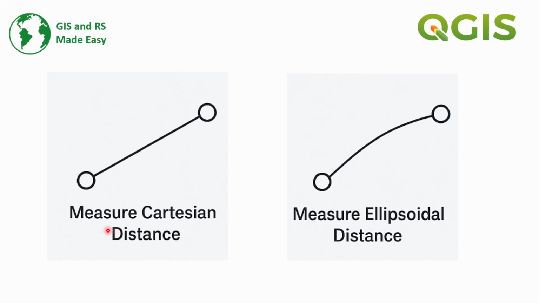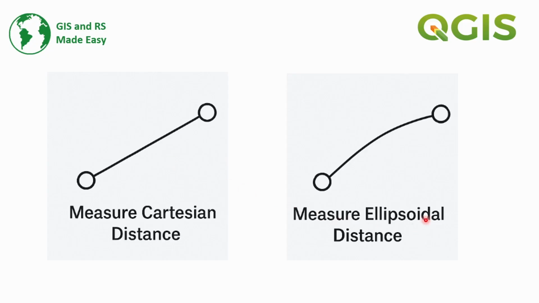If we use the Cartesian distance technique, then the ellipsoidal Earth surface is converted to a projected flat surface. So for the Cartesian distance method, we need to use the right projection system, that means coordinate system.